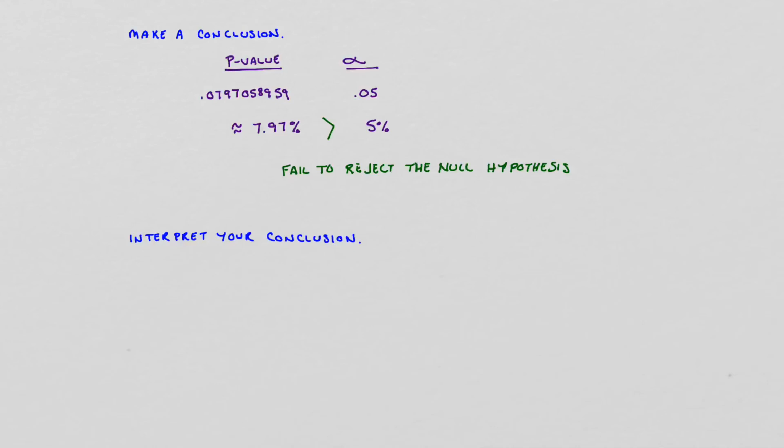So we should have something along these lines. At the 5% significance level, we fail to reject the null. Basically your second sentence is going to be, what does this mean?